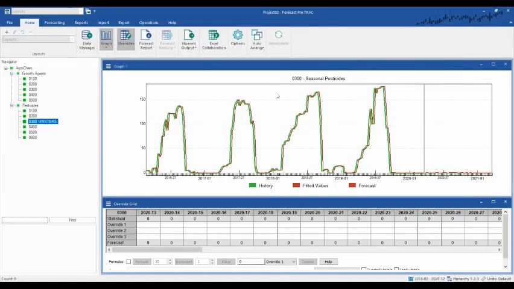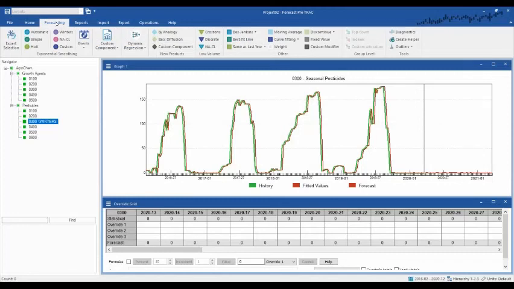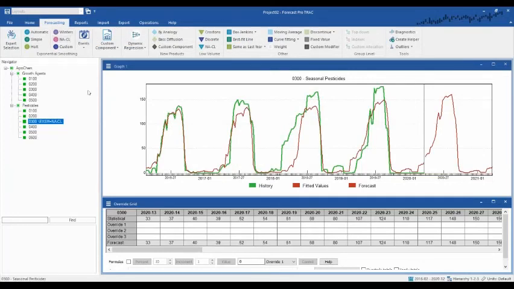So let's take a look at how the NACL model works. And immediately you can see that during the forecast period, the forecasts make a lot more sense. This selling season pattern that we see in the history, we now see in the forecast period. And that's exactly what we would expect a good forecast to look like.